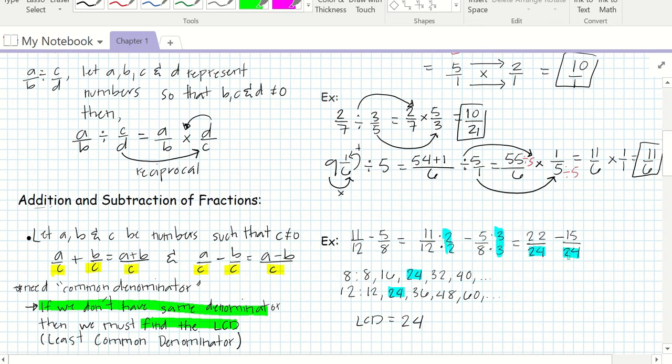That's our goal. We want to get the same denominator so we can apply this rule, right? Where we can add the numbers on the top or subtract the numbers on the top. So this 22 over 24 minus 15 over 24 will become 22 minus 15, which is 7 over 24.